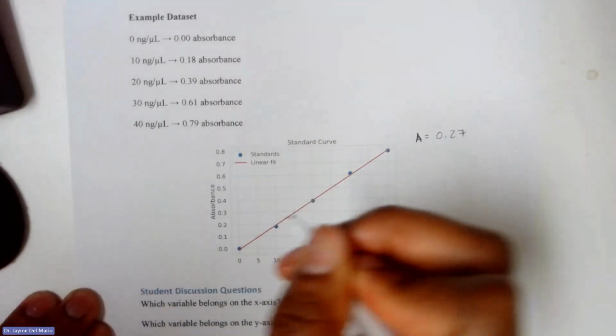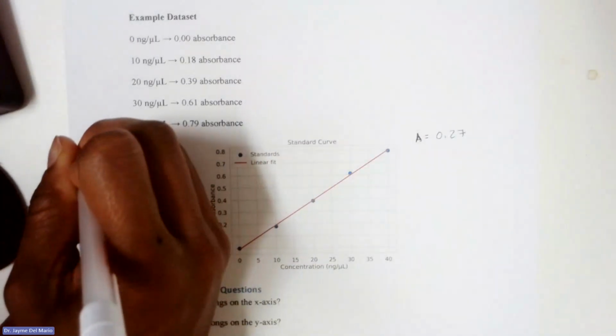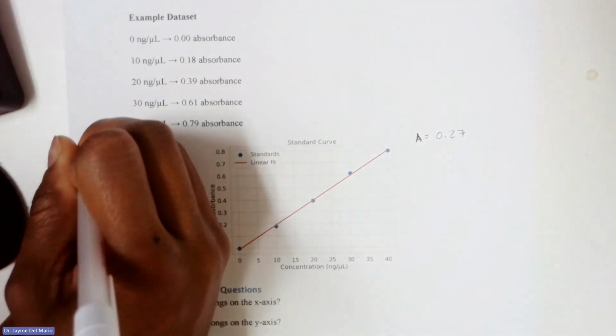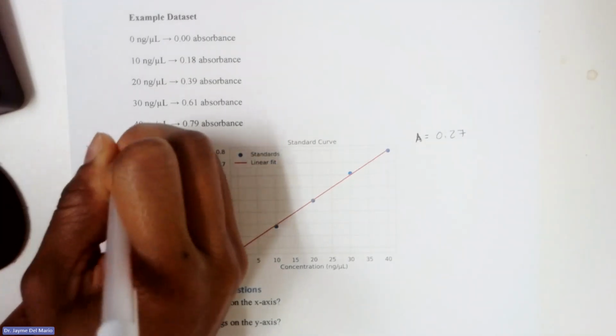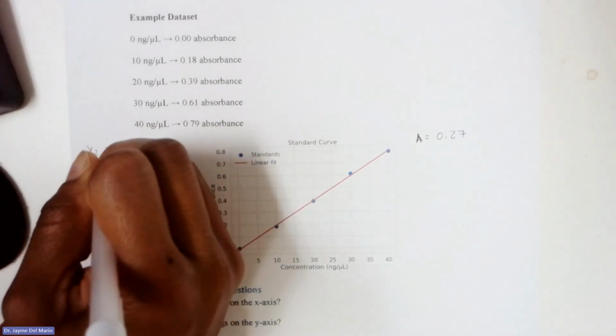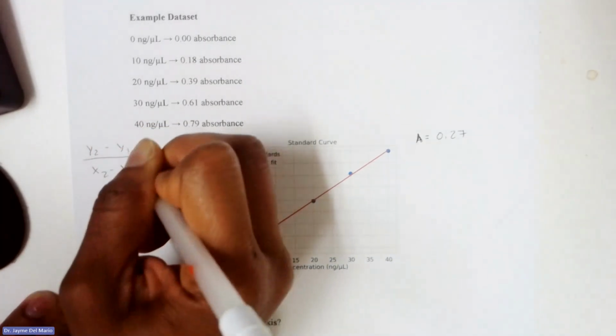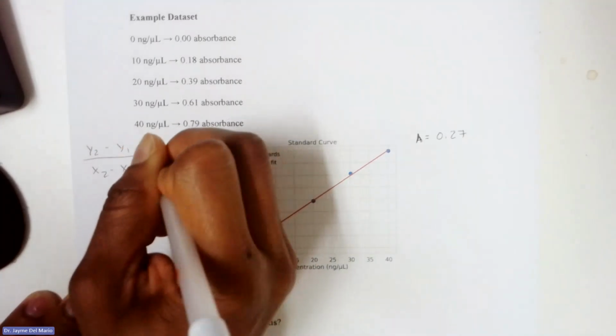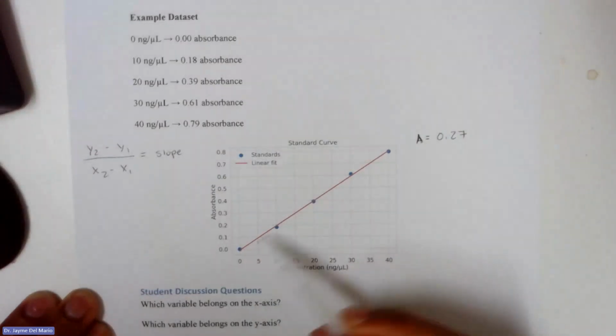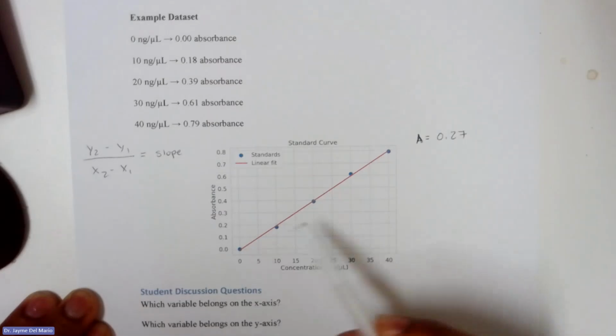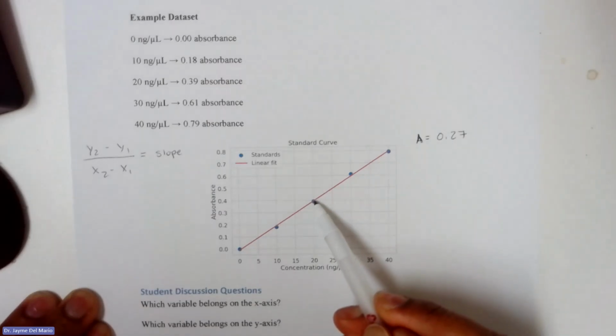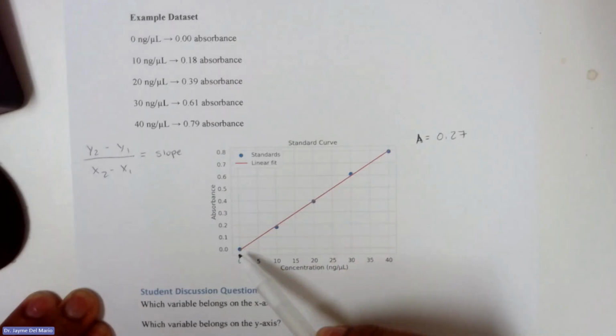So one thing you want to be aware of is our slope rule. Back in algebra, you might have learned that y2 minus y1 over x2 minus x1 is equal to the slope. I'm going to take a point on this graph that is meeting at an intercept. I wouldn't take the initial one, because it's my y1 and x1.